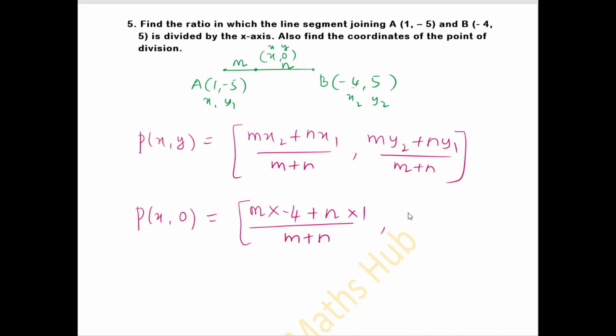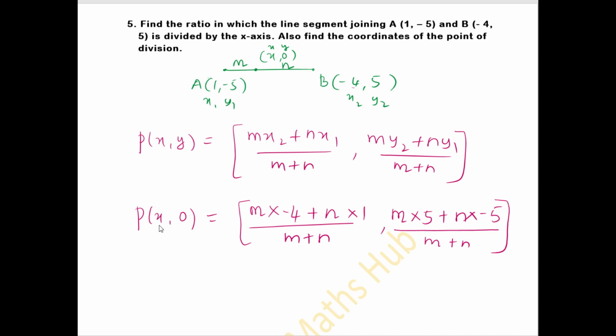What is m? M we need to find out as it is, y2 is 5, n as it is, y1 is -5, divided by m plus n.